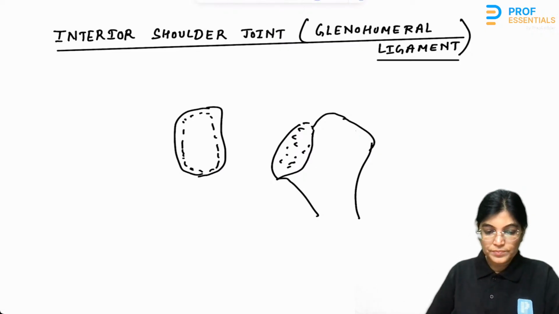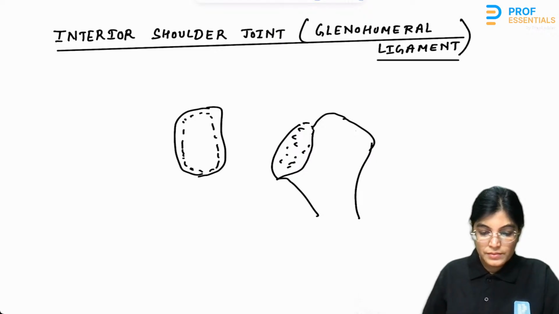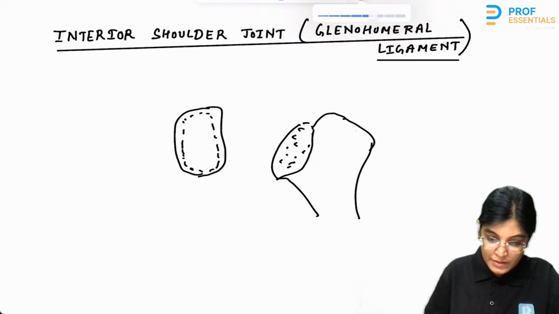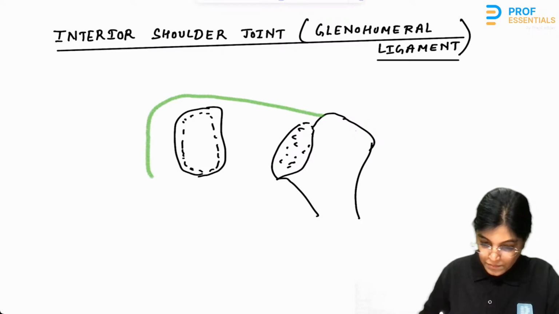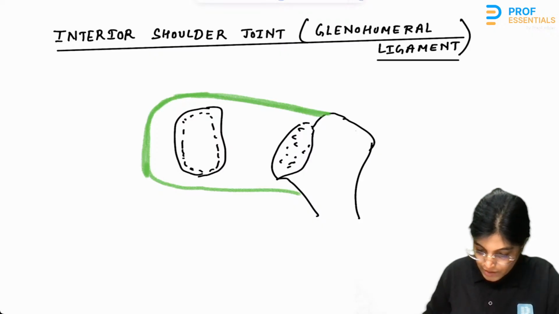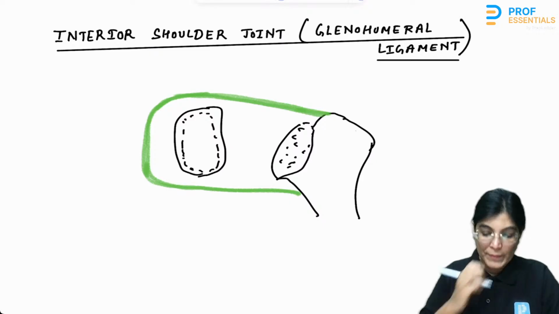Okay, now. So, surrounding to this, can we use green color? Yeah. So, most outer aspect, this is the fibrous capsule. Okay.